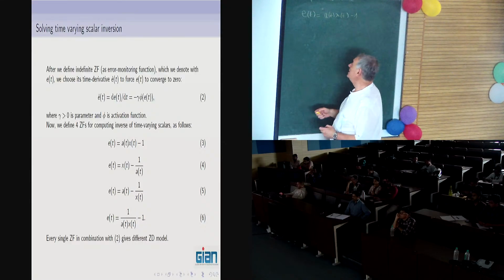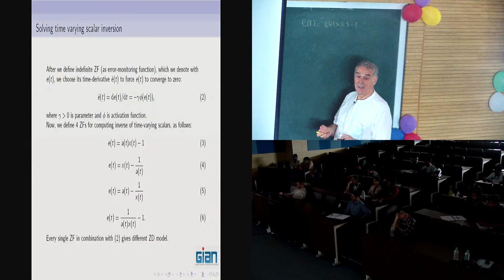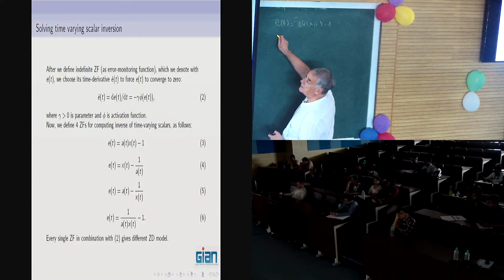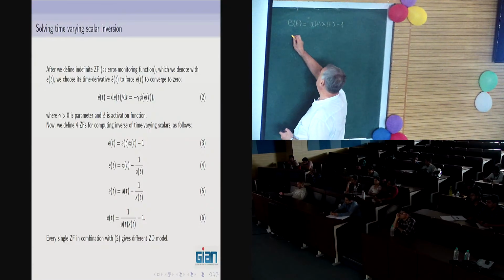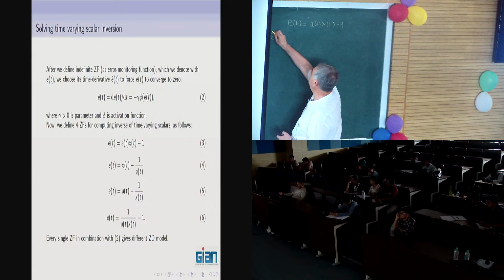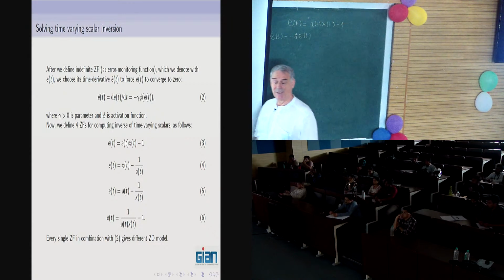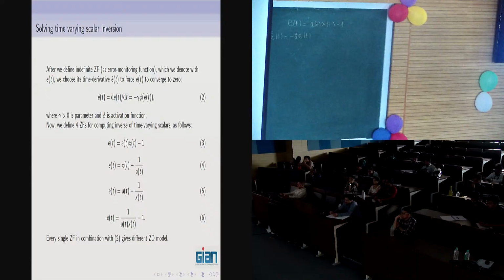It is a priority of ZNN. We can consider also scalars, vectors, tensors. And we have the model E dot of t equals minus gamma E of t. A linear model we will consider. Of course, we can always put in a nonlinear activation.